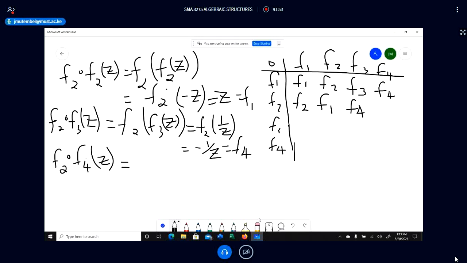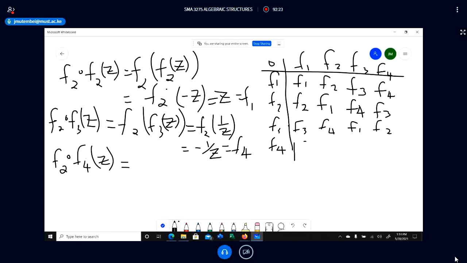So you can check. Let me fill out what I obtained from my calculations. The Cayley table will look like this. The second row is F2, F1, F4, F3. The third row is F3, F4, F1 and F2.